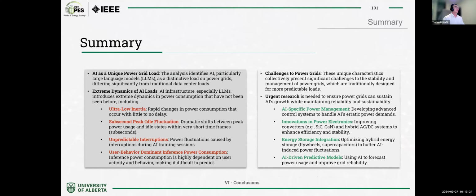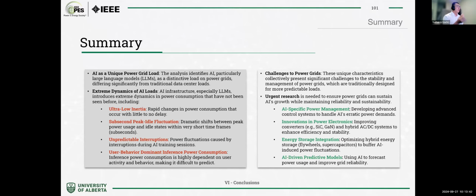Okay, so I will just quickly go through the summary. We see AI as a unique power load to the grid. The different phases demonstrate distinct power consumption behavior, right?